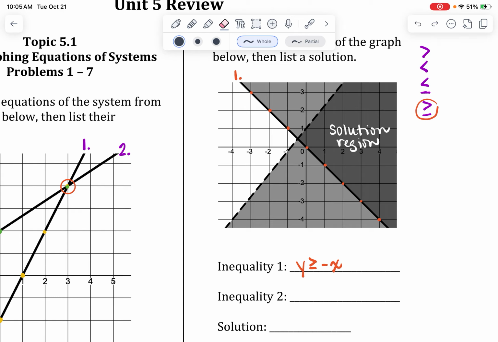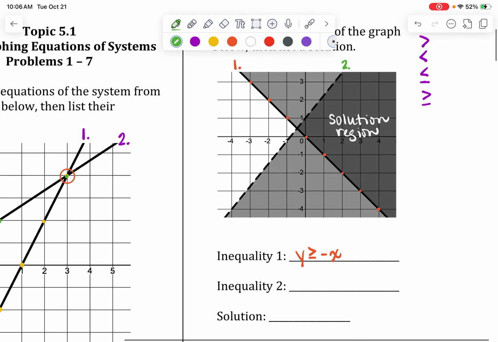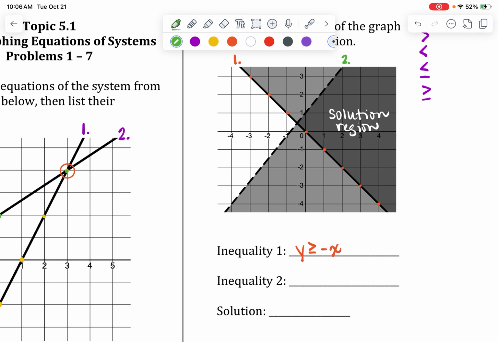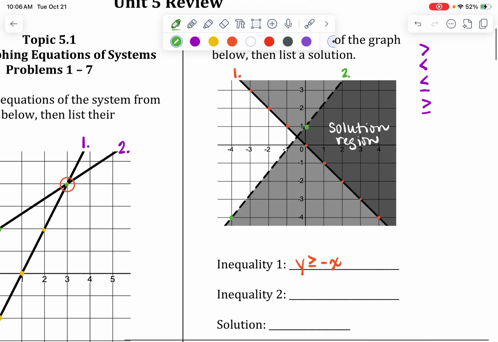Okay, all right, I'm gonna do the next line. Let me change colors here. So I'm gonna do this guy as my second inequality. All right, so let's go find the slope. Let's see, it looks like it's going through this point. I don't hit another point, I don't think, until here. Yeah, so let's see, that's going up, was that 5? 1, 2, 3, 4, 5.